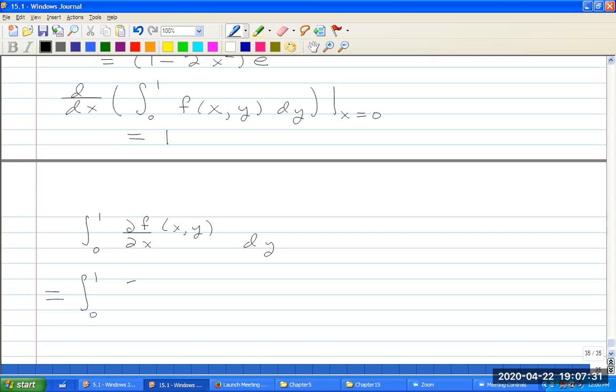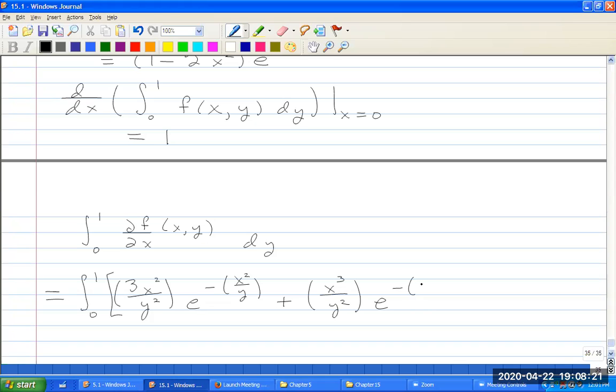The derivative of the first, 3x squared over y squared, times the second, e to the minus x squared over y, plus the first, x cubed over y squared, times the derivative of the second.